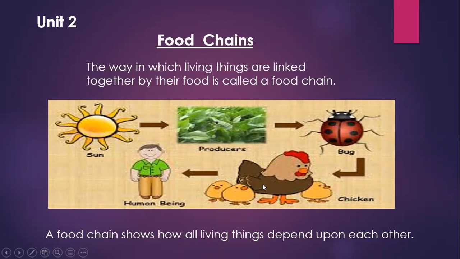Suppose human beings eat chicken, chicken eat bugs, and bugs eat plants, and plants are the only producers. They produce their own food and they get the energy from the sun.